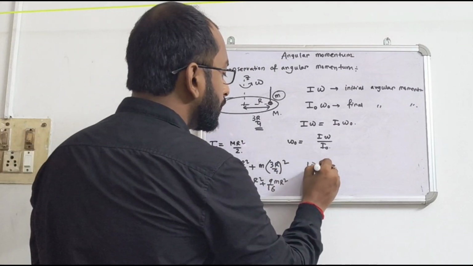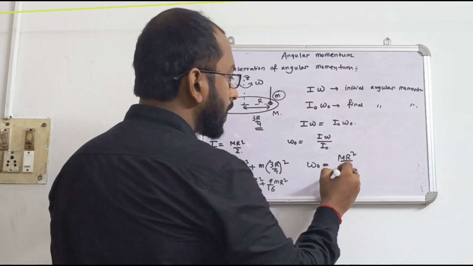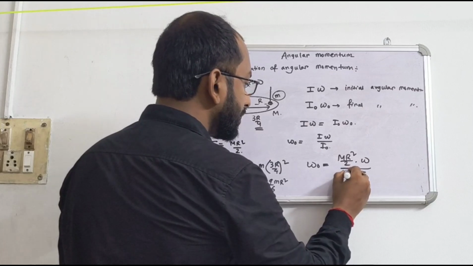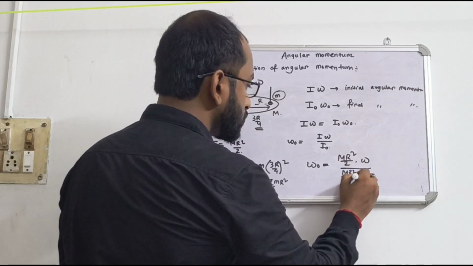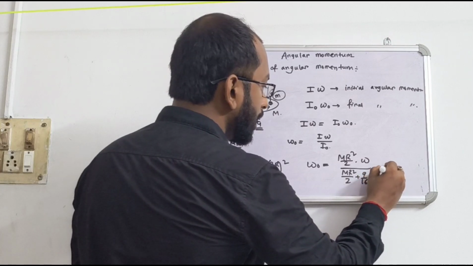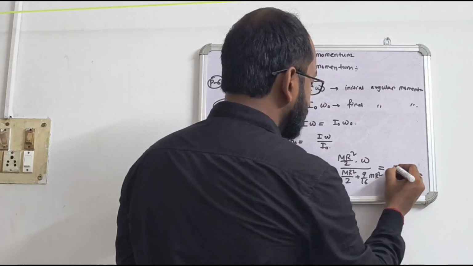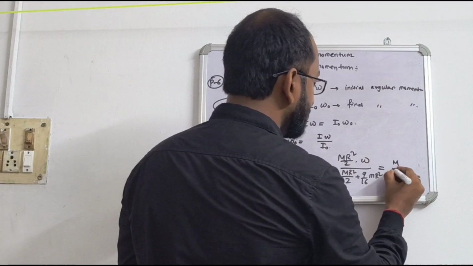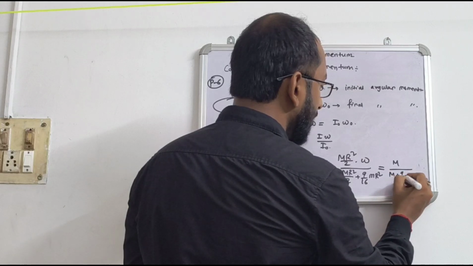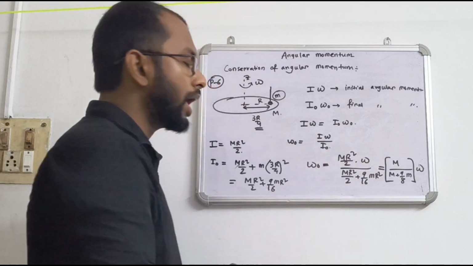So the new angular velocity will be, we'll put the values of I and I naught. I naught is M r square by 2 plus 9 by 16 into m r square. If we simplify it, we'll cancel r square, so it will be M by M plus 9 by 8 into m, multiplied with omega. Now this is the new angular velocity.